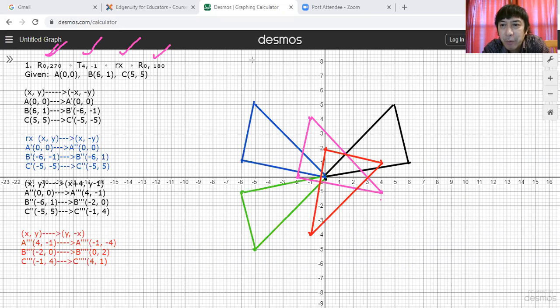So 270 degrees, that's a positive 270, is equivalent to 90 degrees clockwise. So you can imagine the pink drawing rotated at negative 90, and that will give you the red figure.